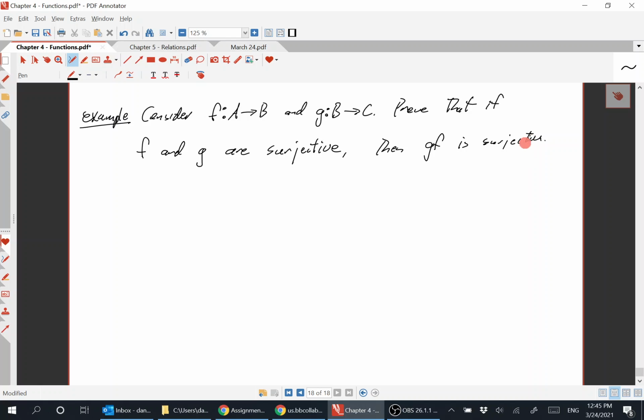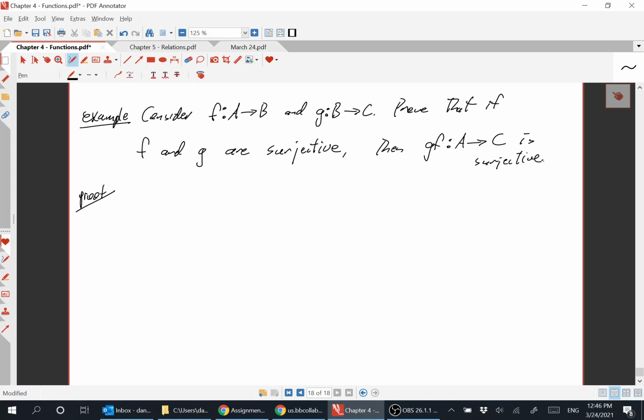Okay, so, proof. G following F, remember, is a function, so maybe it would be good to write it this way, is surjective.